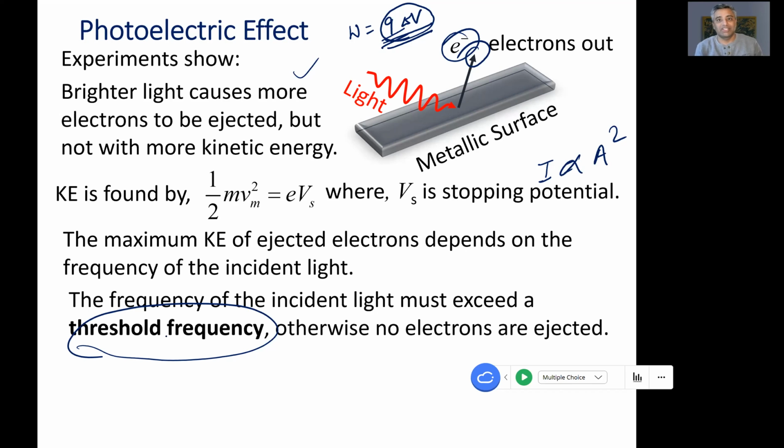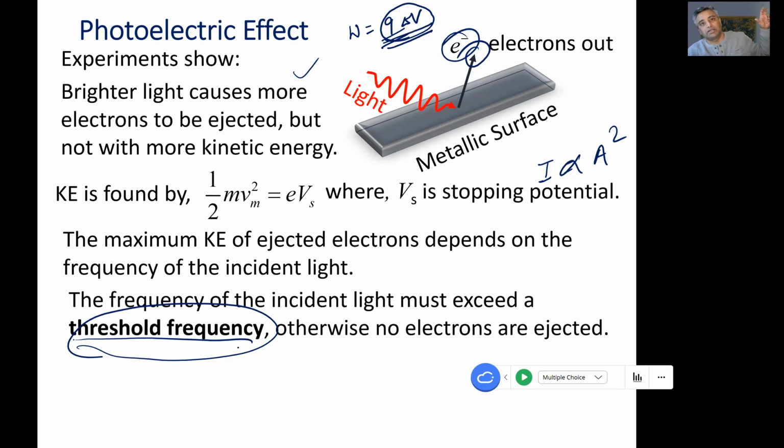Classical theory doesn't set up that threshold of frequency, okay? So based on the wave theory, what happens? You shine a brighter light, that means it has a larger energy. Just like a tsunami can topple and collapse buildings, right? Same idea.